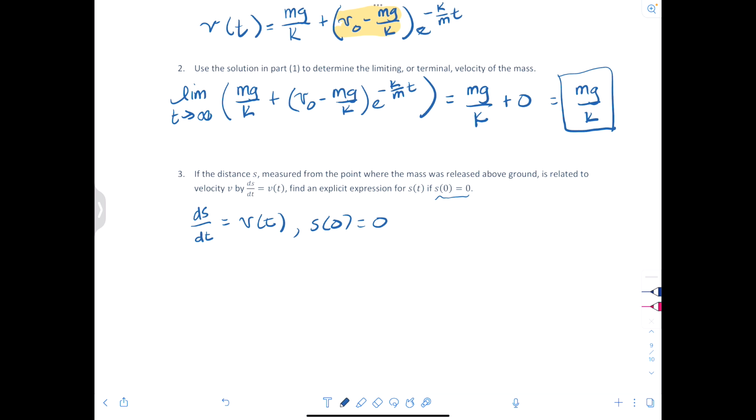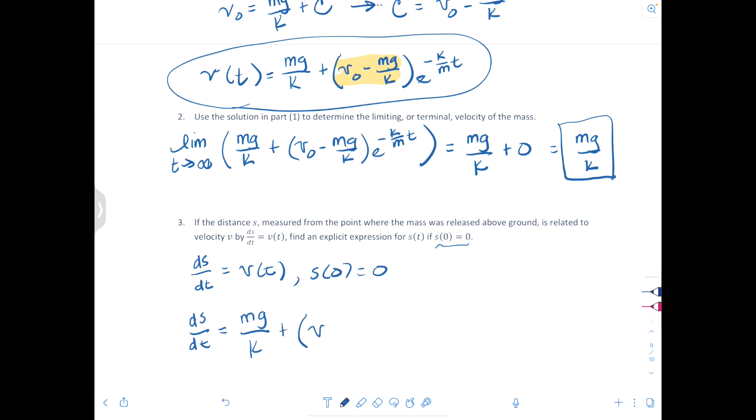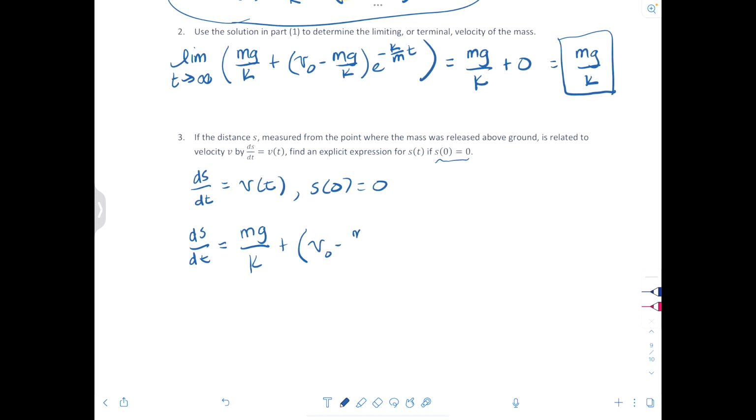So we know the velocity, right? So ds/dt is equal to m times g over k plus v0 minus m times g over k times e to the negative k over m times t.